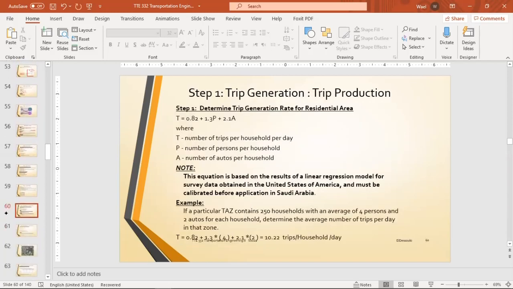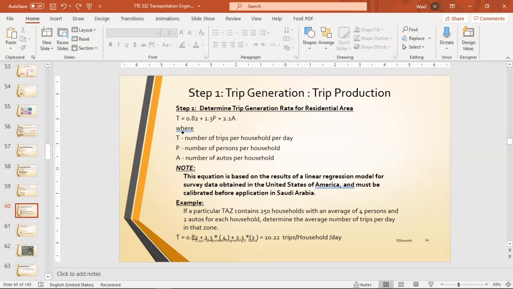Okay, determining the trip generation rate for residential area. For residential area, we can use this formula. This is from the ITE, the Institute of Transportation Engineers, okay?